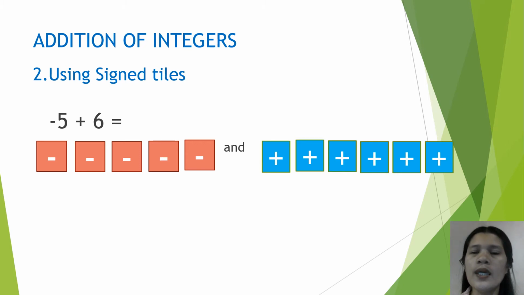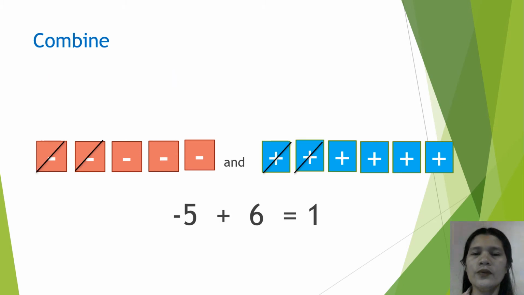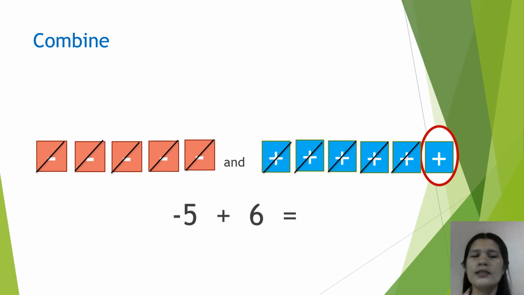So we combine or pair the positive and negative to find the answer. So we have 1, 2, 3, 4, 5 pairs of positive and negative. So how many tiles are left?